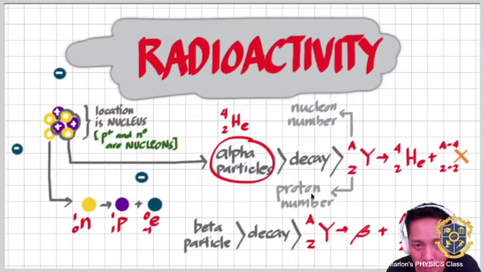However, when it comes to the proton number or atomic number, whatever the original proton number is, you have to add 1. The reason is that when the neutron decayed into these two, one of them is a proton. So this should have an increase of 1 proton. Since the number of protons changes, this is going to be a different element or atom.